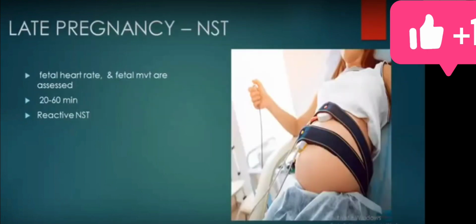In late pregnancy, another investigation commonly done is the non-stress test (NST). In this, one unit measures the fetal heart rate, and another measures the fetal movement. If the baby moves, the lady is advised to push the button.